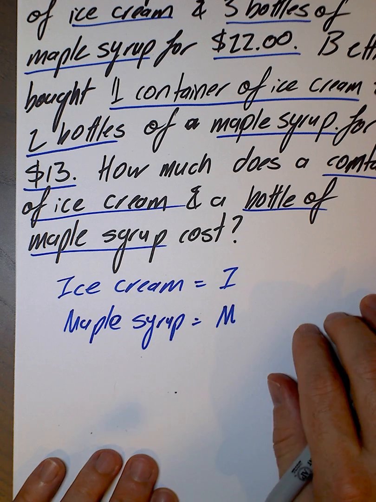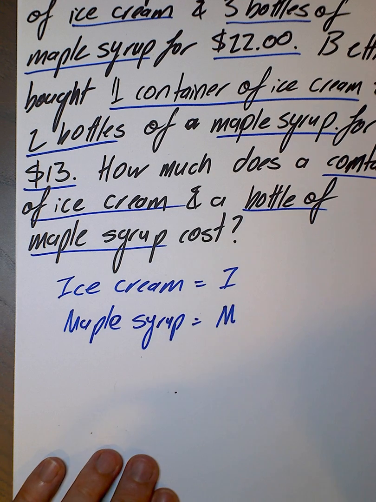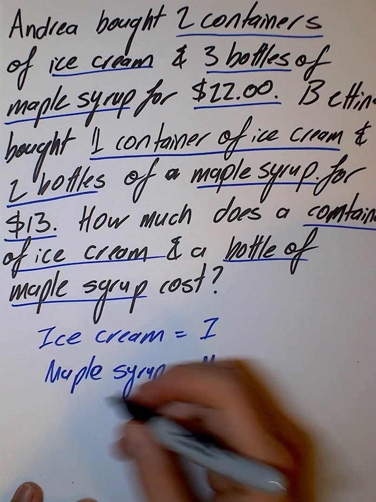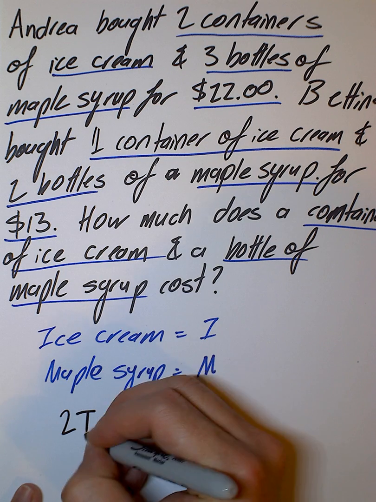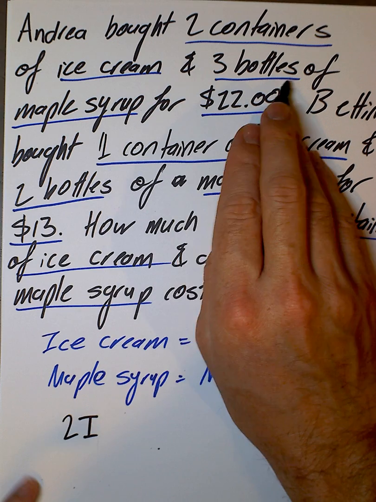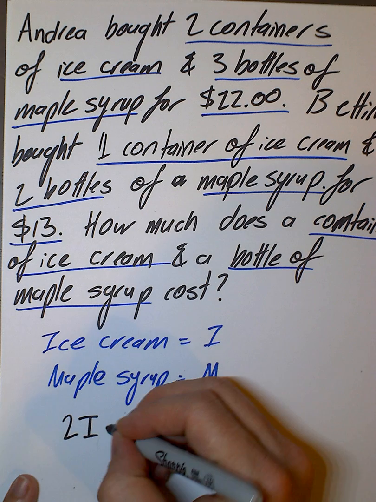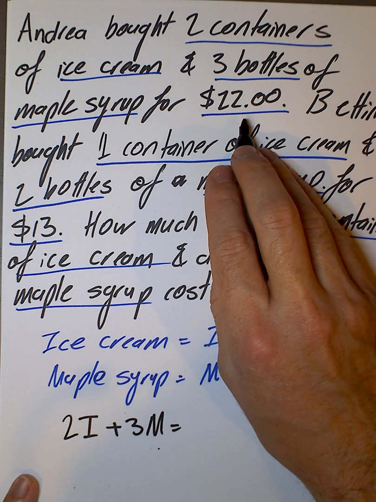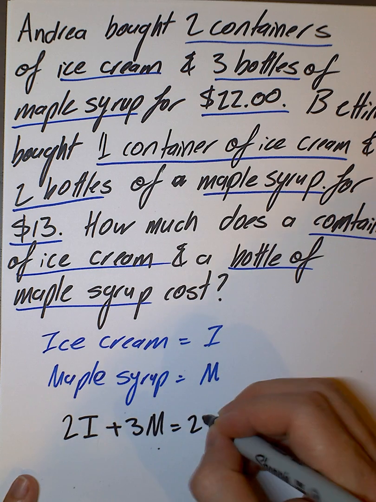Just makes sense: ice cream, maple syrup, I and M. Now, let's build our equations. 2 containers of ice cream, so 2I, plus 3 bottles of maple syrup, so plus 3M, equals a total value of $22. So let's say 22.